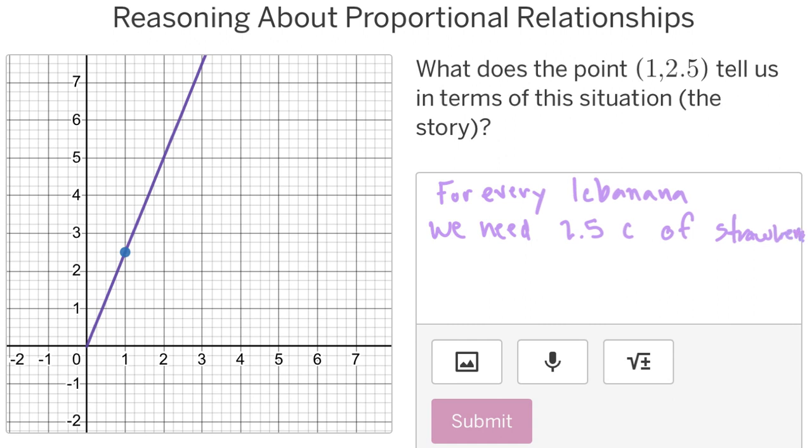Now that is also our unit rate. So for every 1 banana, it's 2.5 cups of strawberries, or we also could call that our constant of proportionality. There we go. That's what is going on at that point.